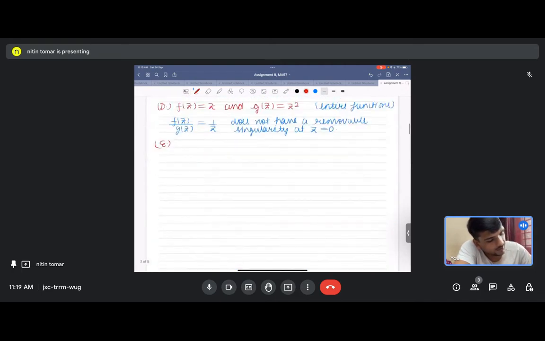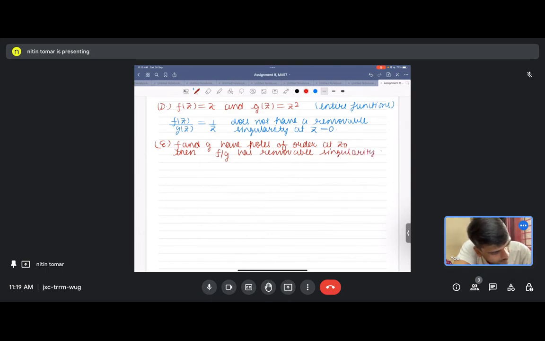What we are given is that f and g have poles of order 3 at z naught. Then what can you say about f by g? Can we say f by g has a removable singularity at z naught?